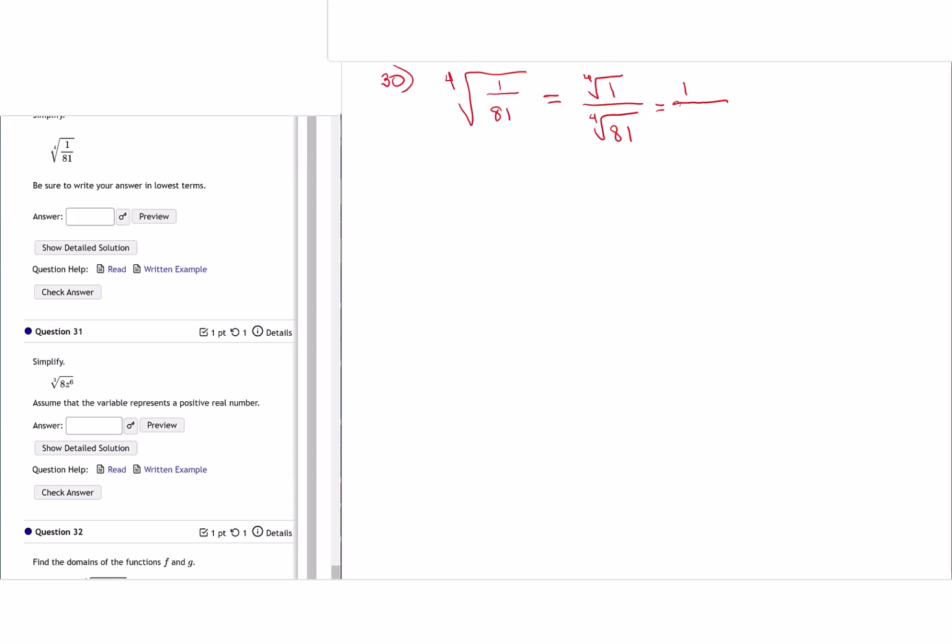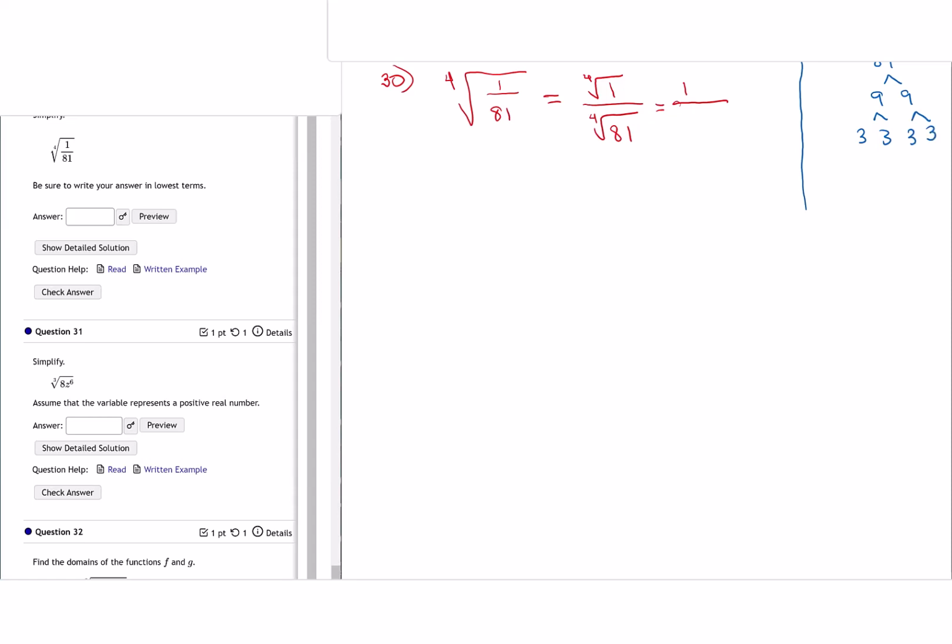But if I don't know what the fourth root of 81 is, I'm going to do my factor tree. 81, 9 times 9. 9, 3 times 3. 3 times 3.